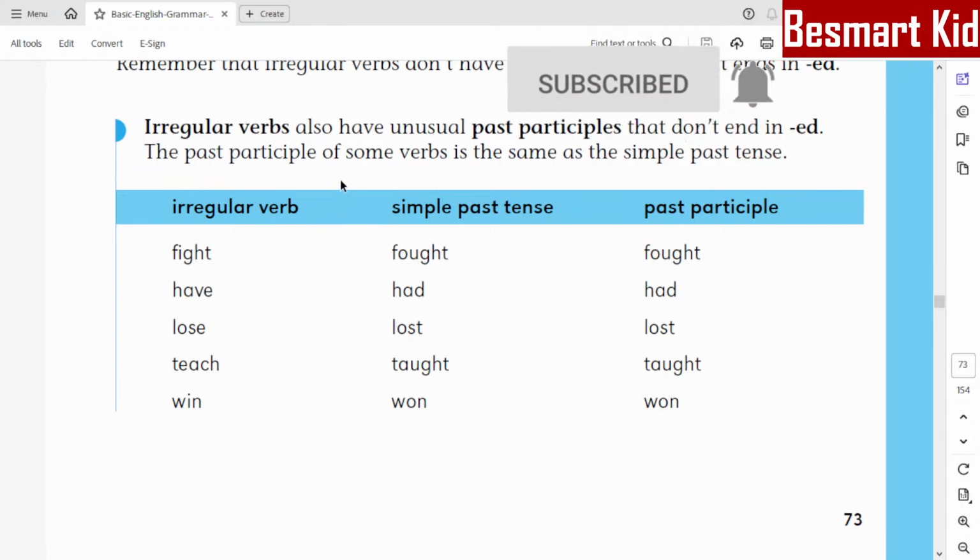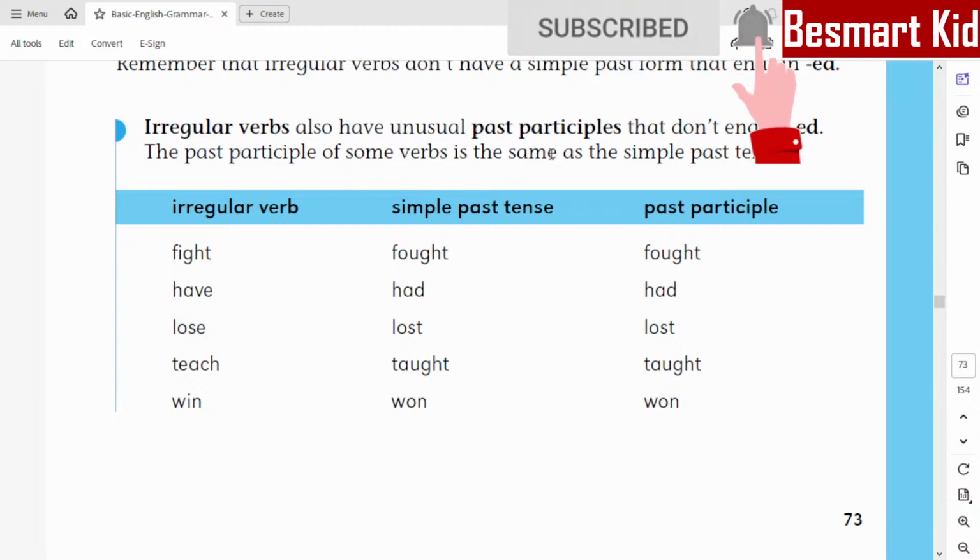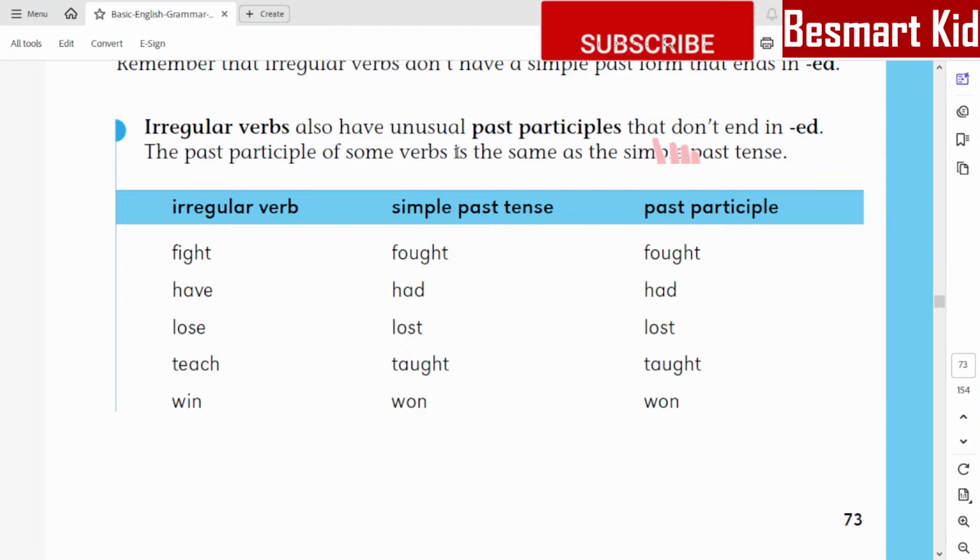The past participle of some verbs is the same as the simple past tense.